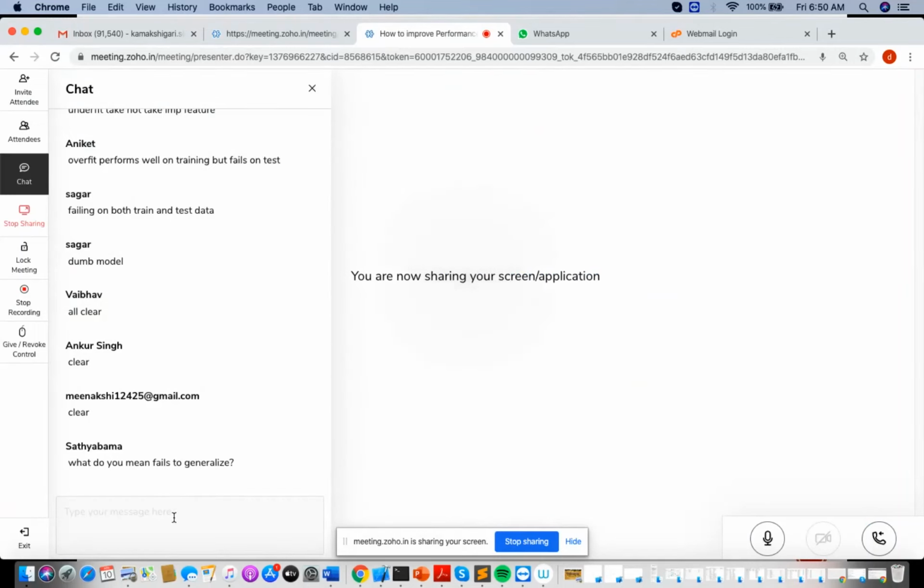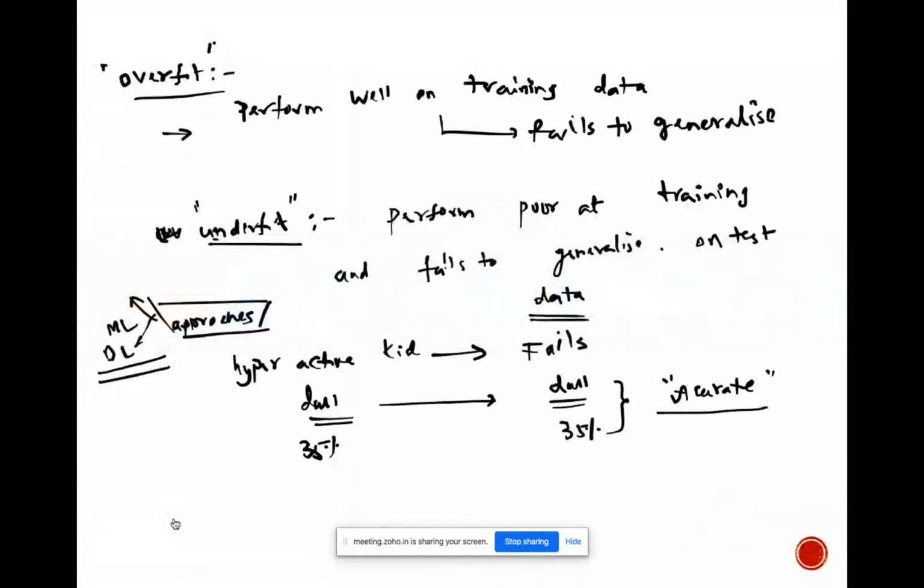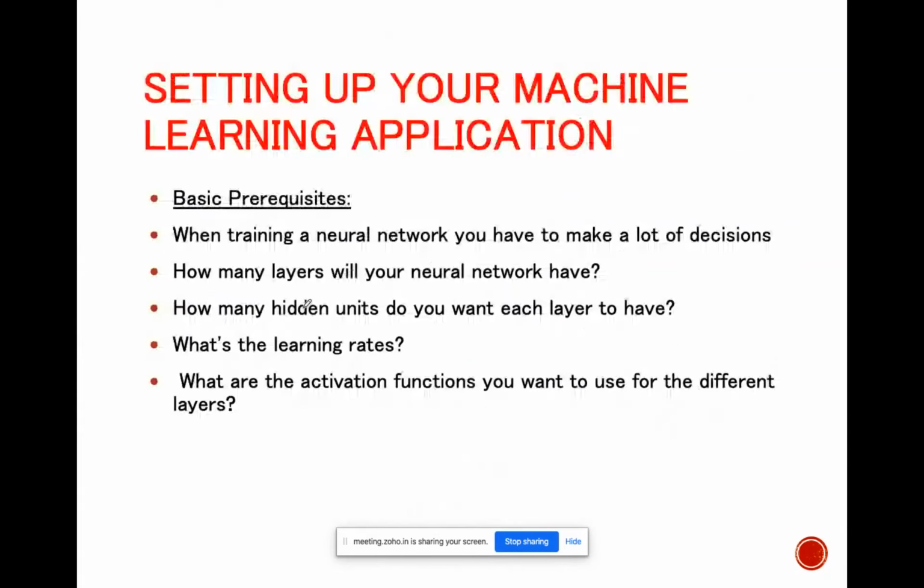Okay, what is the meaning of failing to generalize? The whole process of machine learning is generalization for unseen data.